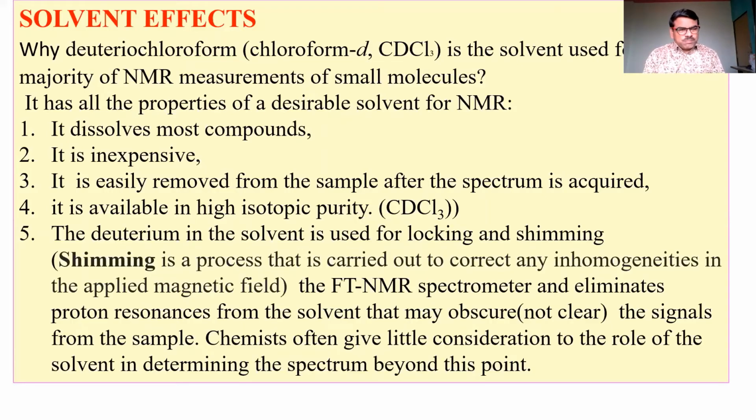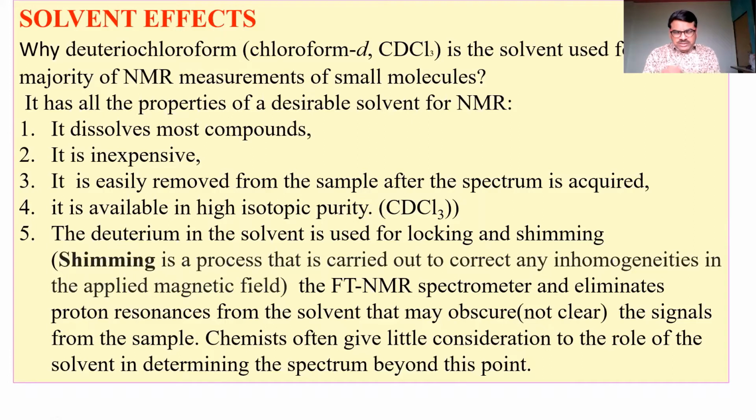And the fifth one is that the deuterium in the solvent is used for locking and shimming. What do you mean by shimming? Shimming is the process carried out to correct any inhomogeneities in the applied magnetic field.